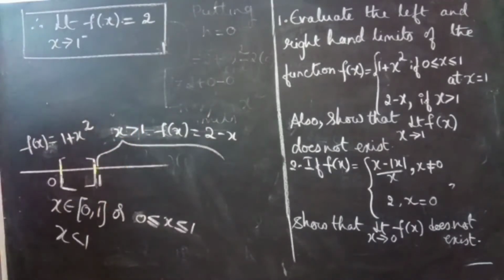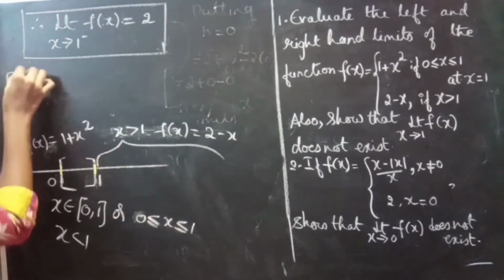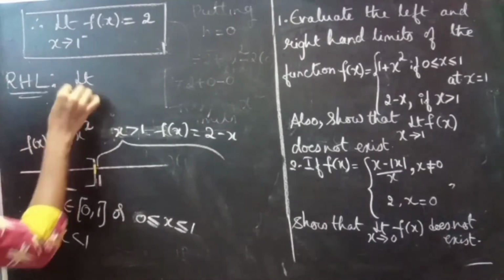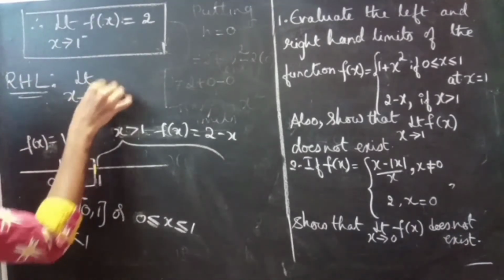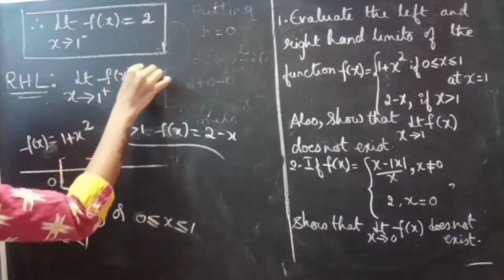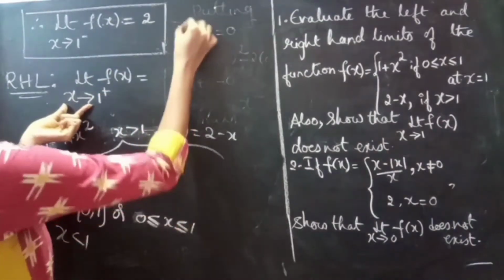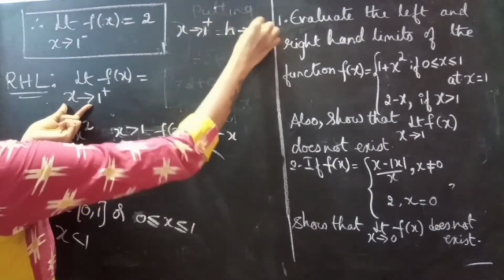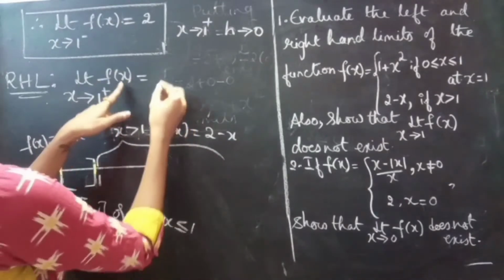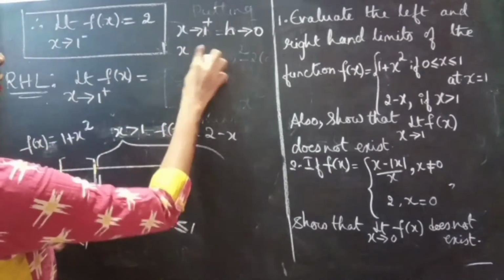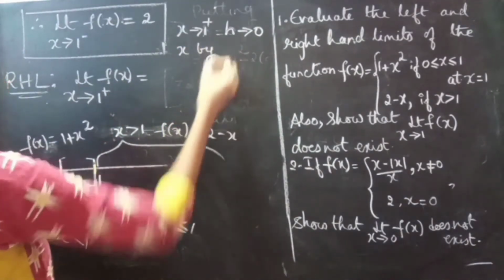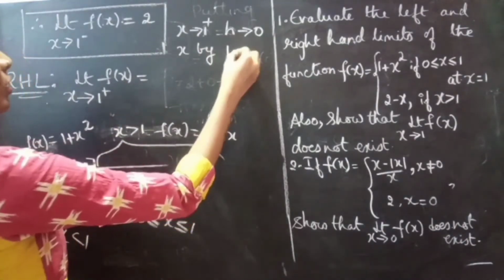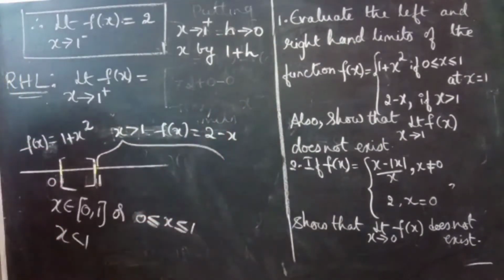Good. Now we are going to find the right hand limit. So limit x tends to 1 plus f of x. Now replace x tends to 1 plus by h tends to 0 and this x by 1 plus h.